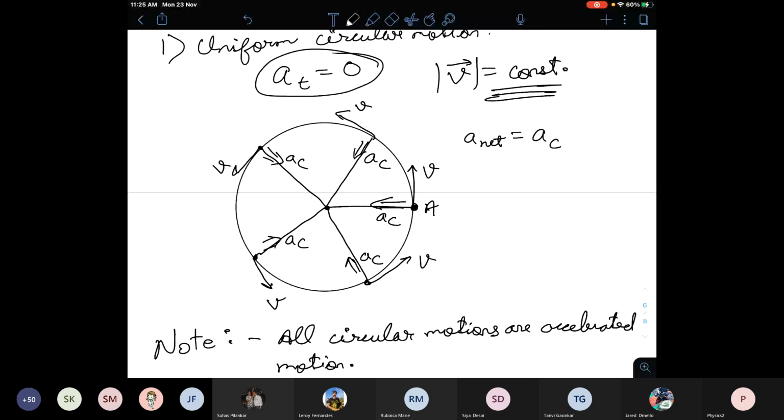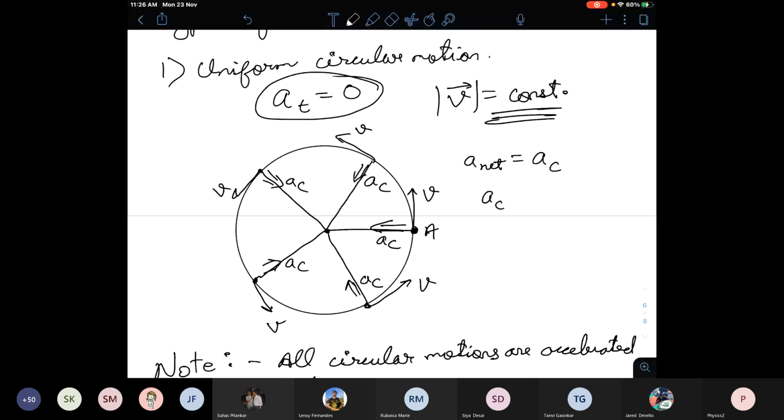Another thing I can say is that a centripetal is always perpendicular to velocity. You can see here, it is always perpendicular, because velocity is along the tangent but centripetal is along the radius. So radius and tangent are always at 90 degrees to each other. If a centripetal is perpendicular to the direction of velocity, the net acceleration is perpendicular to velocity in uniform circular motion.